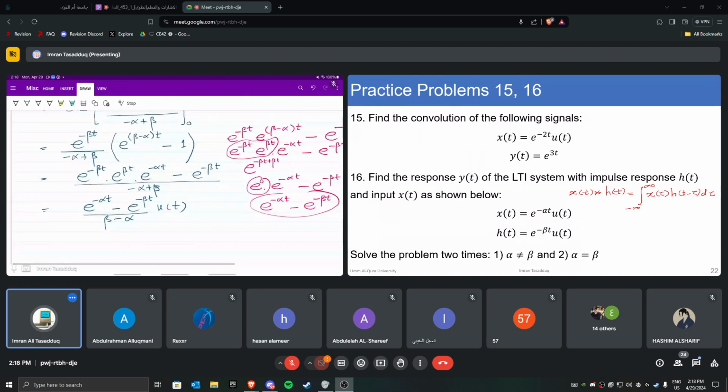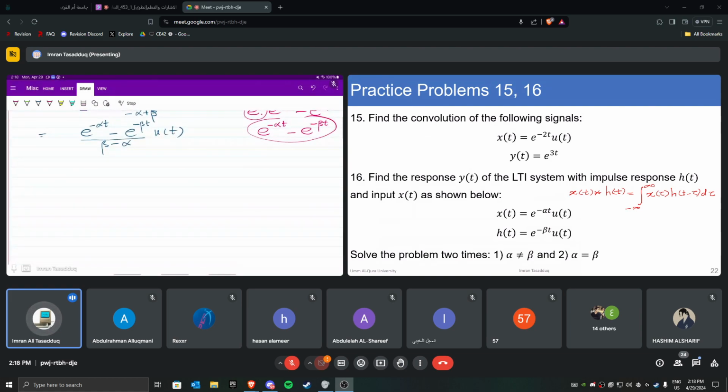It will become both alpha or both beta. Exactly, that's what I wanted to show, but you said it.